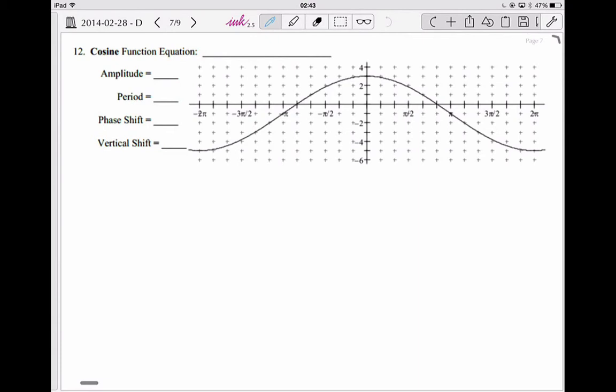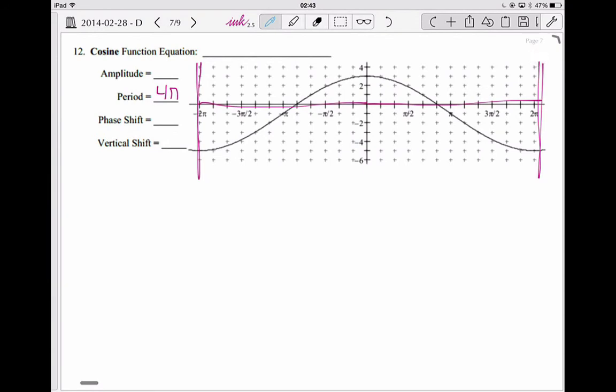Now we've got a cosine. I can't really go peak to peak because I only have one peak, but I've got a couple of valleys. Here's the bottom of one valley, there's the bottom of the other valley. Negative 2 pi to 0 is 2 pi long, and then I've got another 2 pi, so this period is 4 pi.